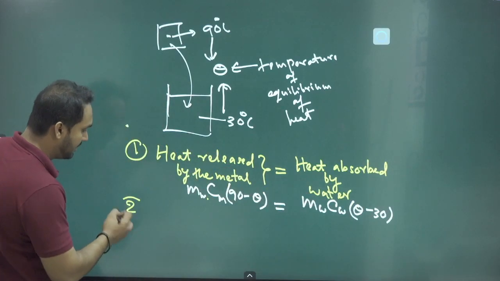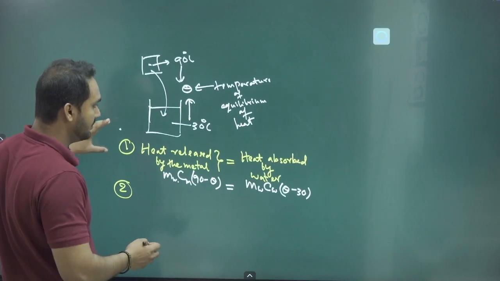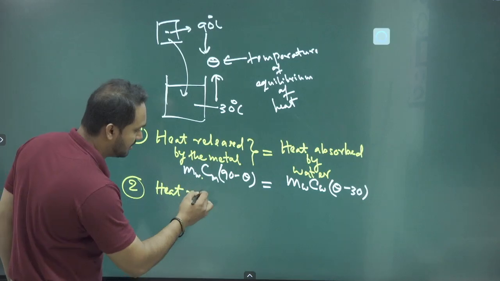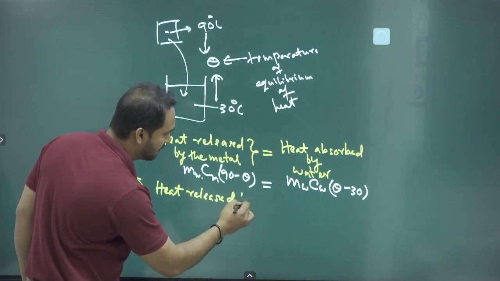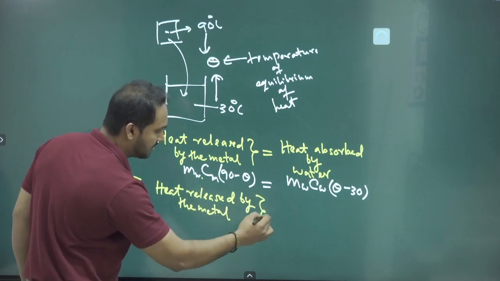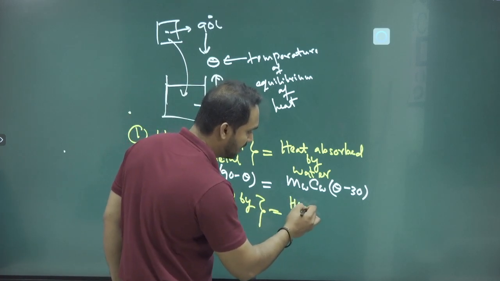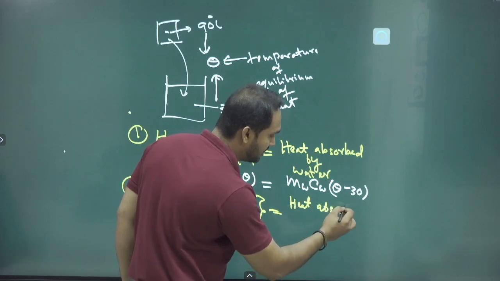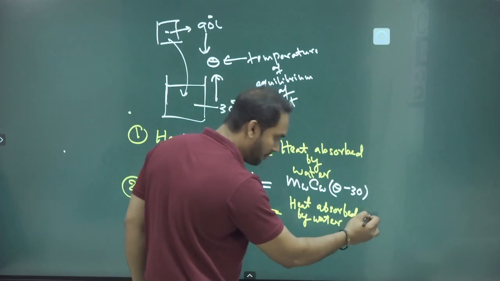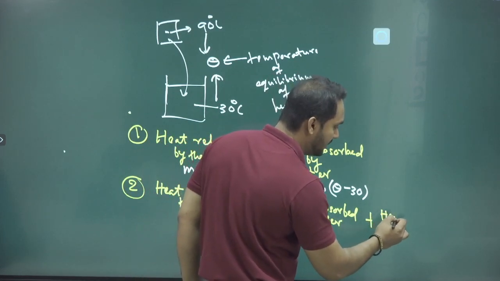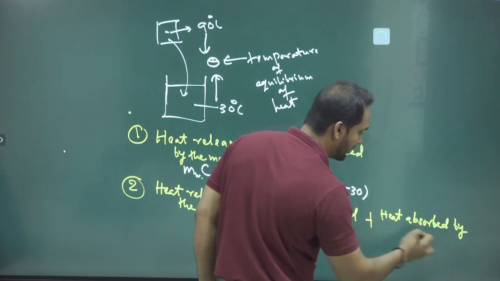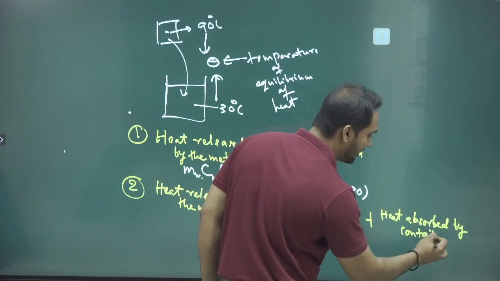So if I write the second equation using that, it will be: heat released by the metal is now equal to heat absorbed by water plus heat absorbed by the container.